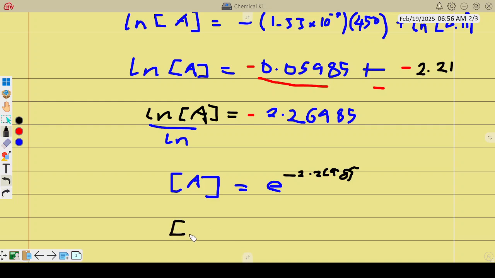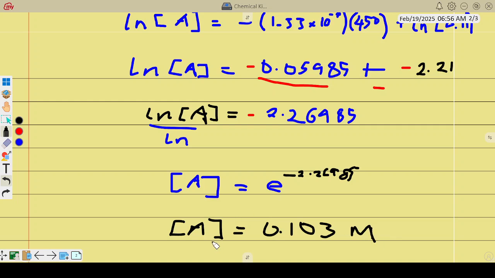So the concentration will be equal to the exponential of that number. We're going to get 0.10103.